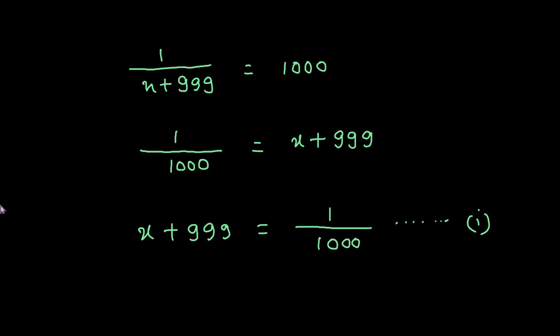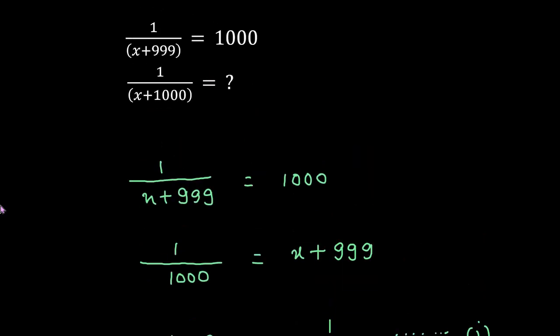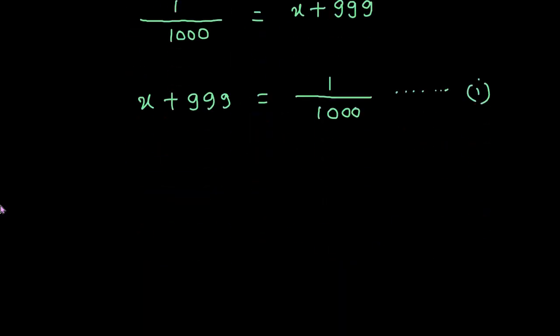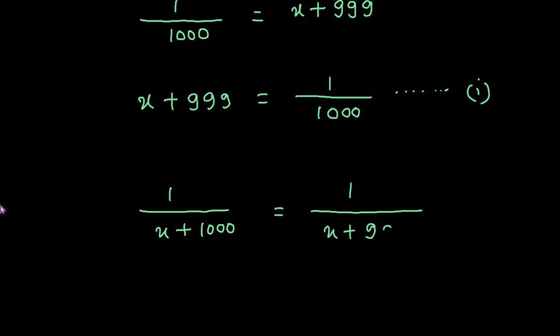We can use this value of x + 999 to get the required value. The required expression is 1/(x+1000). We can write this as 1/(x+999+1).